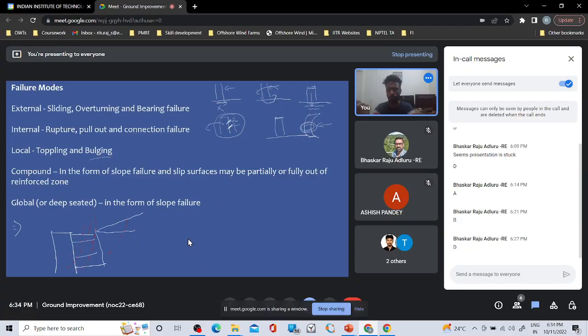Any query in any part, please? So these are typical failure modes of the mechanically stabilized earth wall. These are similar to, not particularly similar, but moreover similar to the gravity earth wall. The only thing is we are having the reinforcement available here with the backfill materials. So that's why its failure mode has a higher number of failure modes as compared to the gravity earth wall.